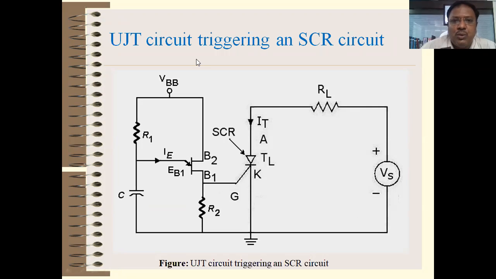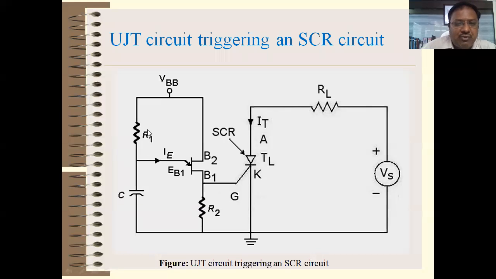If you see this particular circuit, resistor R1 and capacitor C. The values of resistor R1 and capacitor are selected in such a way that when the capacitor voltage is greater than the required value, the UJT turns on. You can even use a variable resistor here if you want to change the turn-on time of the UJT.